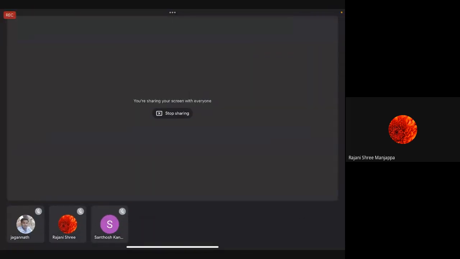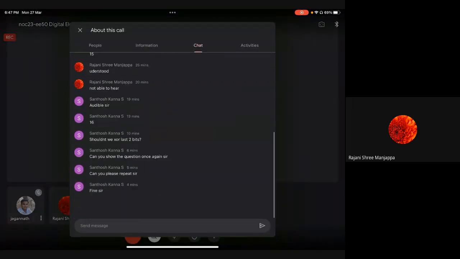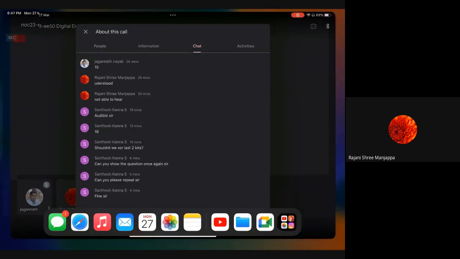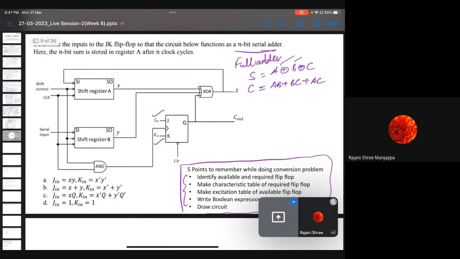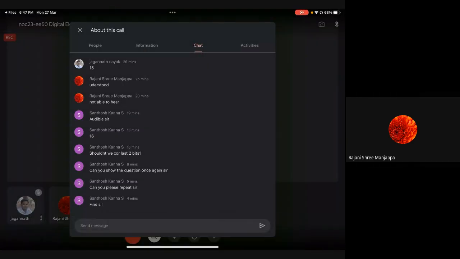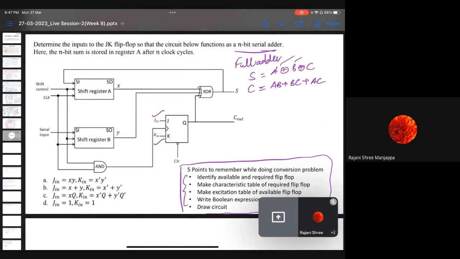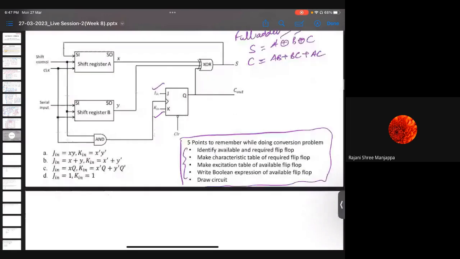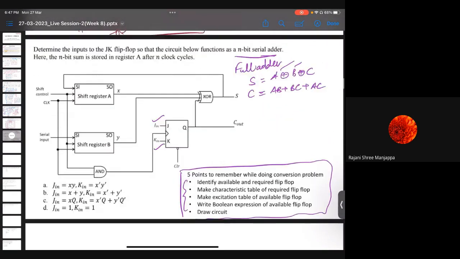So have you got any answers? Okay, I'll try to solve the question by myself. I'm getting the connection. The question says that we need to check the input for J and K, so we'll check all the possibilities.